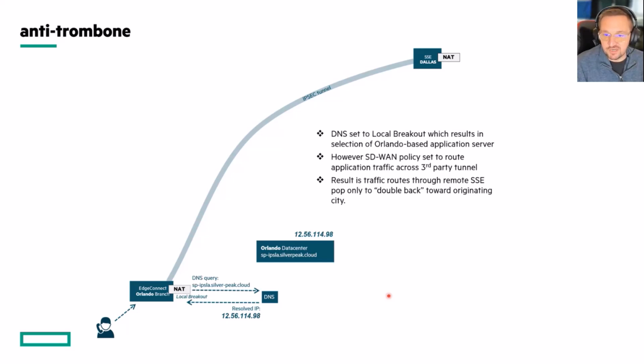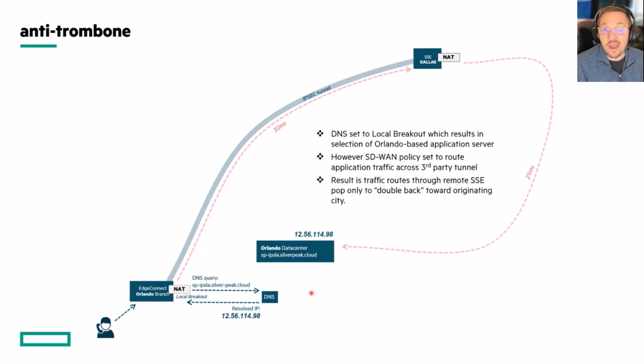The problem this presents is if I do the DNS query and I query a name server in Orlando, but then my overlay policy tells me to route that traffic across an SSE tunnel, well, look what's going to happen. I'm going to get all the way to Dallas.